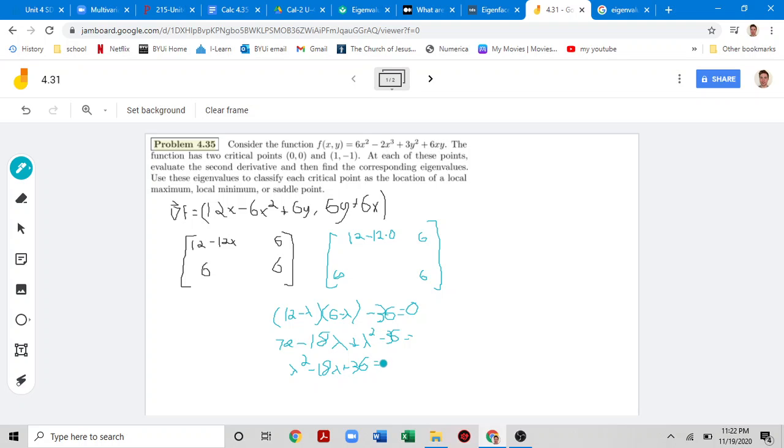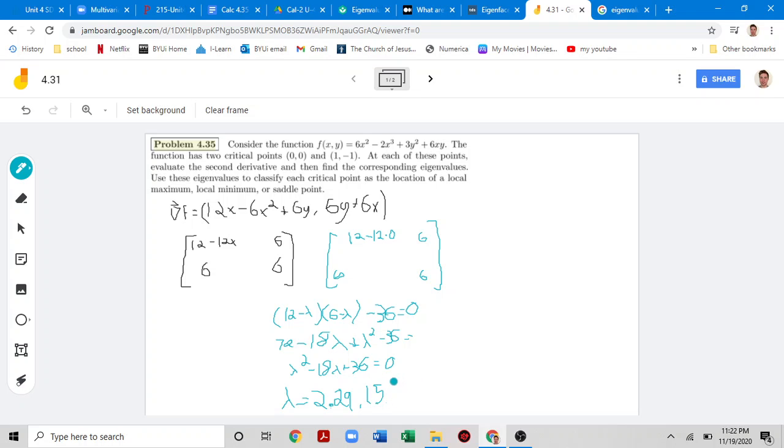If you want to use the quadratic formula, you can, that'd be cool. But I have a nice thing called a graphing calculator, and it can do it for me. So lambda equals 2.29. Remember, this is positive 2.29, and about 15.7.